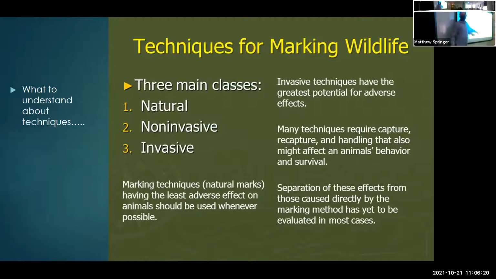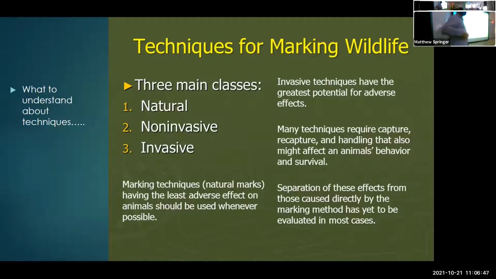Natural is you're kind of using the appearance of the animal. The animal has its own pattern, structure to it that allows you to differentiate from every other animal in the population. We use this with things like jaguars and tigers and bobcats that have patterns. Whales have patterns on them that are pretty darn distinctive to those individuals.